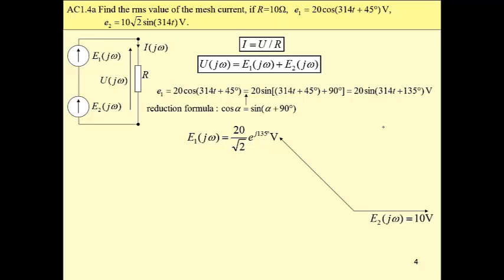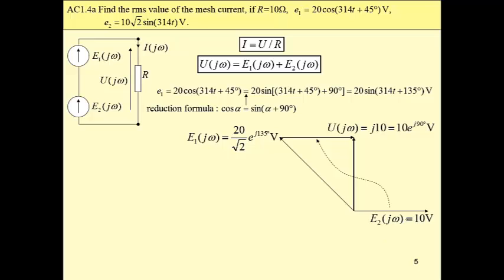This is voltage E sub 2, and this is voltage E sub 1. Please observe that 20 is the amplitude of E sub 1, so the root mean square value is 20 divided by square root of 2, which is 10. Okay, we may apply head to tail connection to find the total voltage.